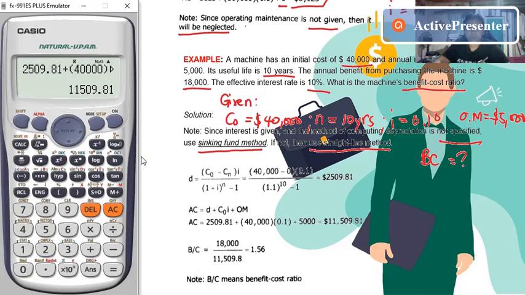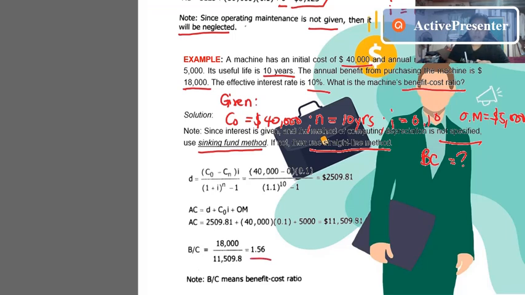We have 18,000 divided by 11,509.81. So our benefit cost ratio will be 1.56. So we have here our final answer.